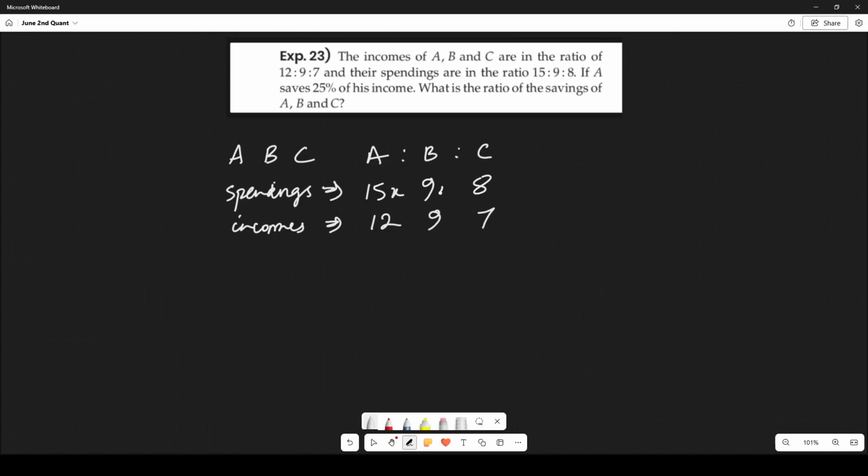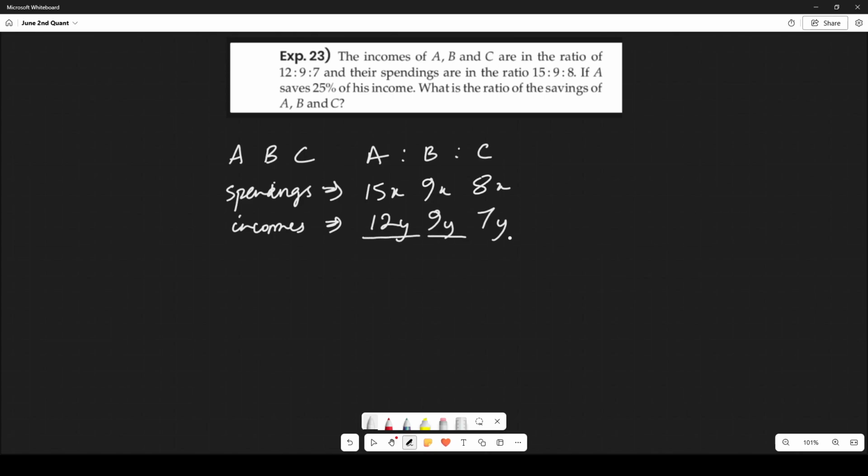I'll just write it down like this. A lot of people get confused as to why these numbers are like this. For example, if you look at 12y as the income, then how can he spend 15? How can you spend more than you earn? But that's not the correct way to think about it. The numbers 15 and 12 aren't telling you the whole story.